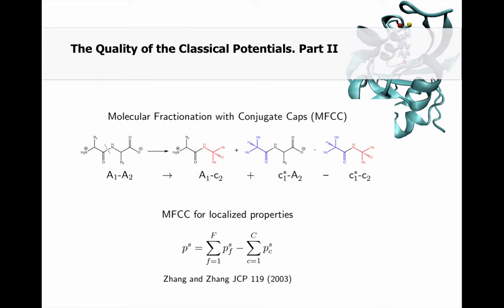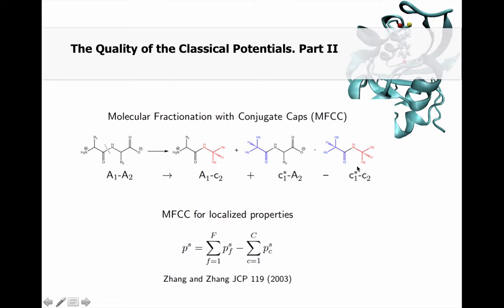It basically works the way that you take the whole system and then you chop the system, in this case a peptide, into single residues, and then you use cap groups indicated here with red and blue in order to saturate the free valences.